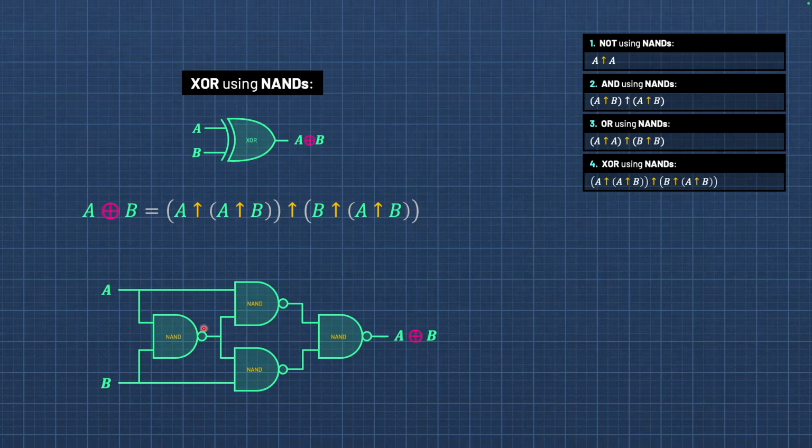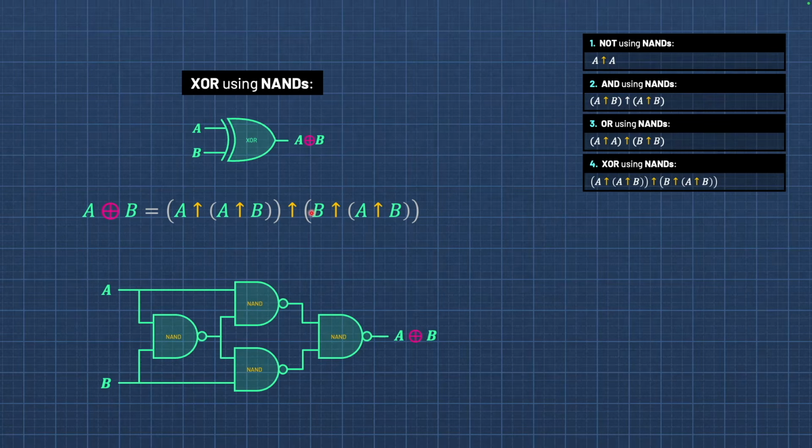And then I get the result of this A NAND B, and I have to NAND with A and B. So the result of A NAND B, I have to NAND with A, and I have to NAND with B on this second NAND on the bottom. Correct?